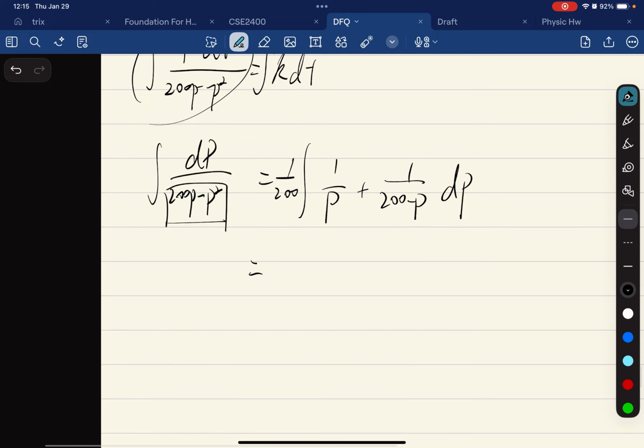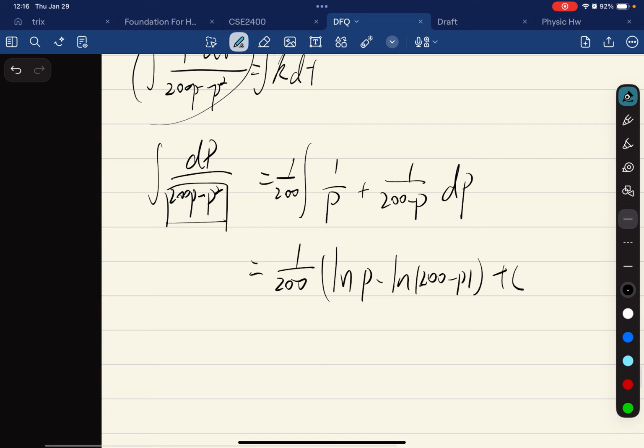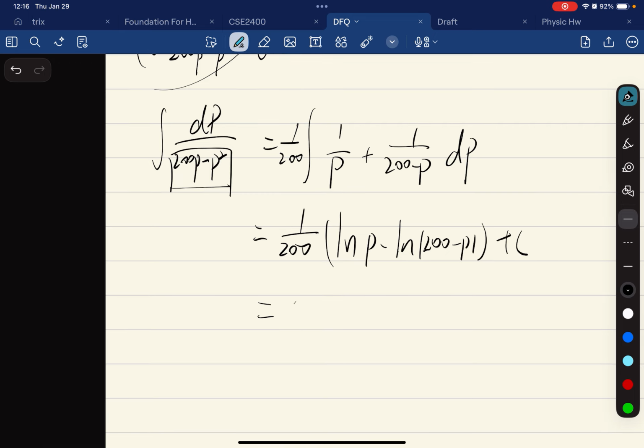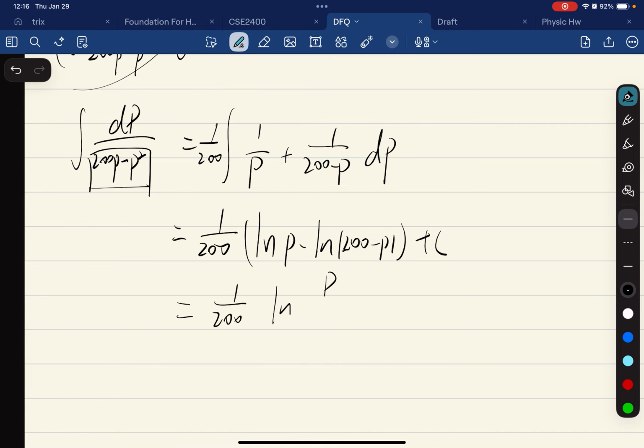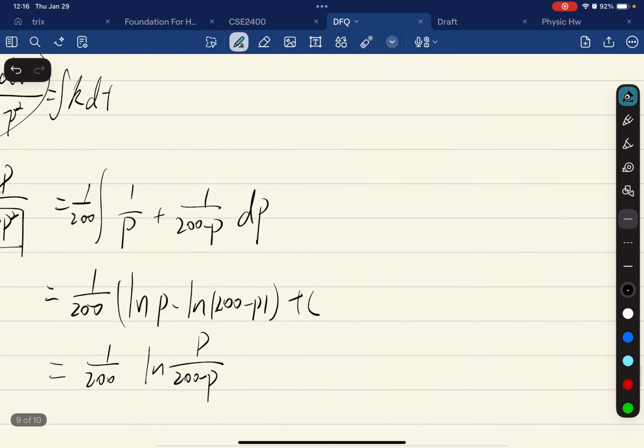Then we can solve this integral by taking a ln here, because we know that 1 over something will become a ln after the integral, and we need to add C here, which will become 1 over 200 ln of P over (200 minus P). It uses a series of logarithm rules.